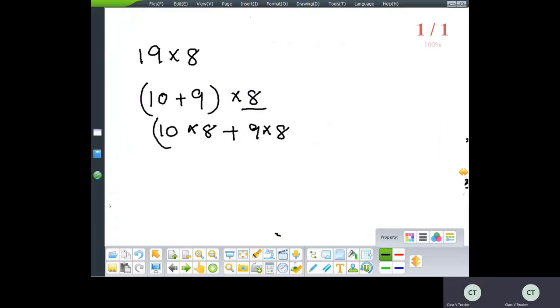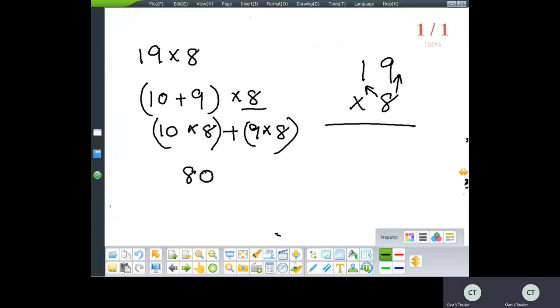Got it? So if the problem is 19 into 8, 9 into 8 will be done, then 10 into 8. In the same way, 10 into 8 is 80, plus 9 8s, 8 9s are how much? 72.